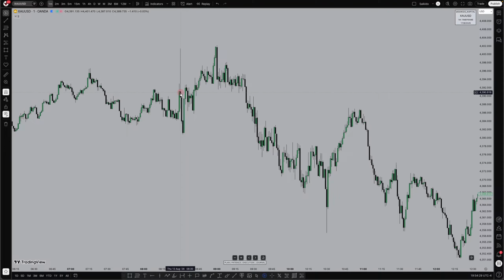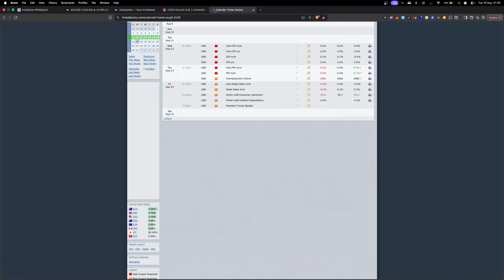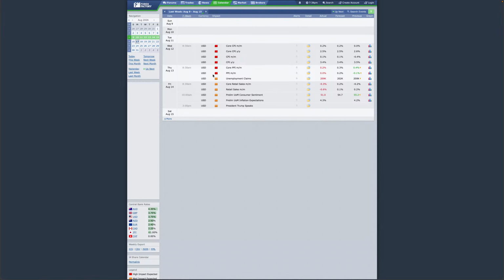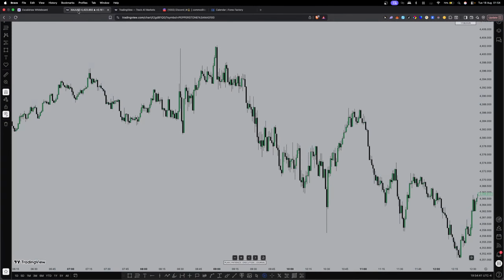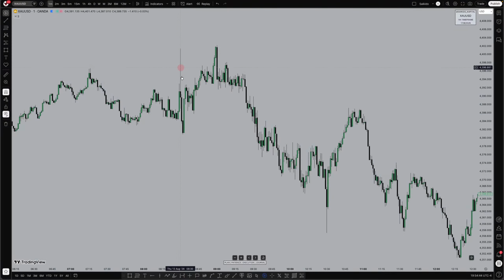This is a news release, the PPI at 8:30 on Thursday, the 13th of August, PPI, not CPI. So this long wick is what causes me to anticipate a reversal or a continuation, but in this case it was a reversal.